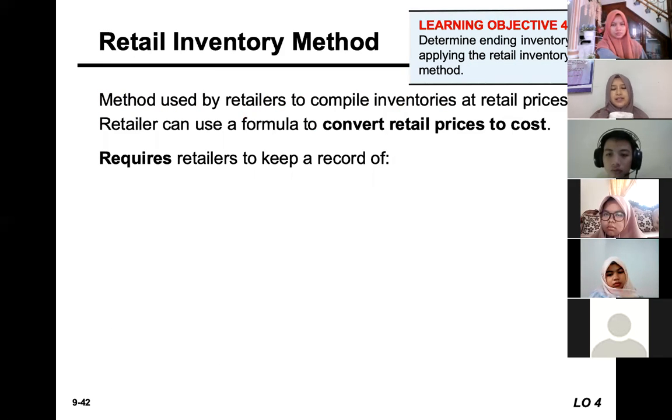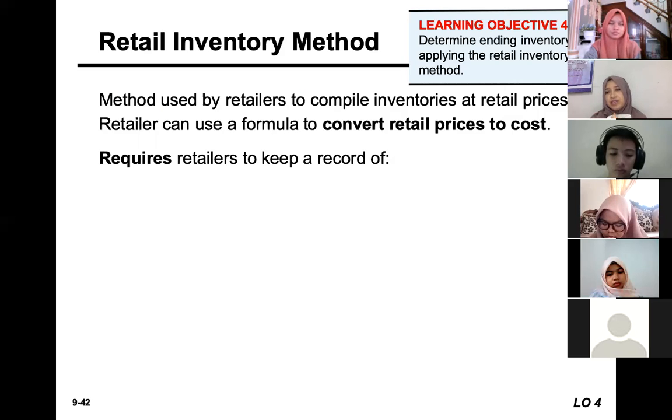Okay, now let's see the retail inventory method. For companies that don't have so many kinds of products, like automobile companies, airplane companies like Airbus, Boeing, they don't have many lines of products. They just have specific lines of products, right?